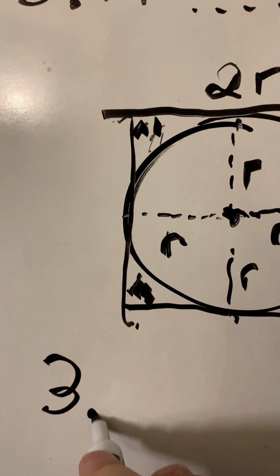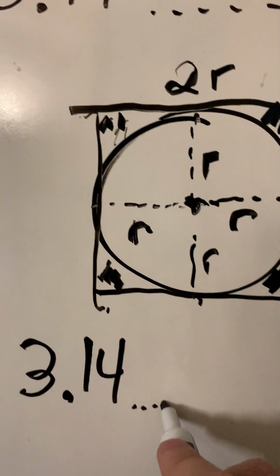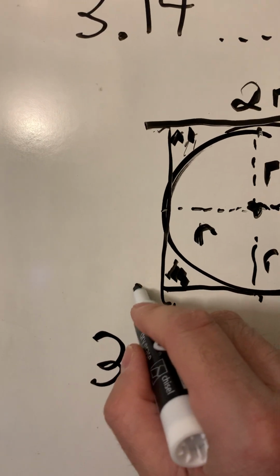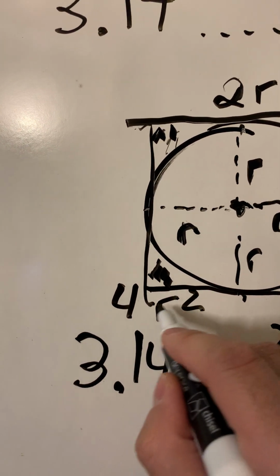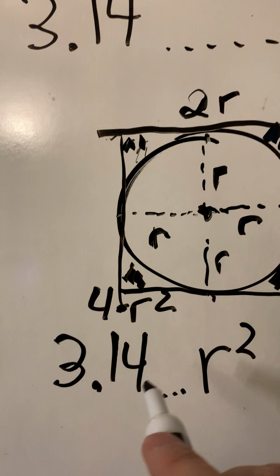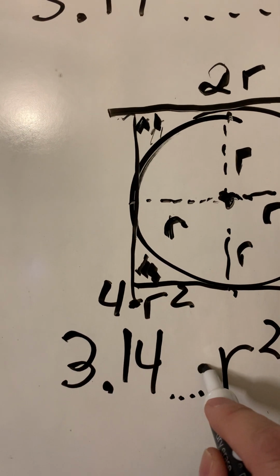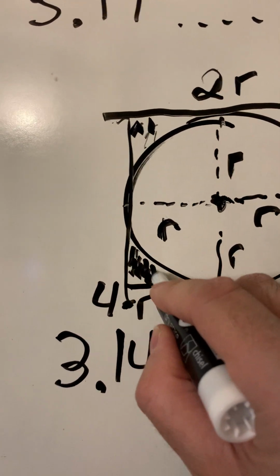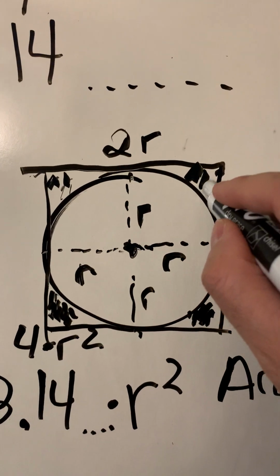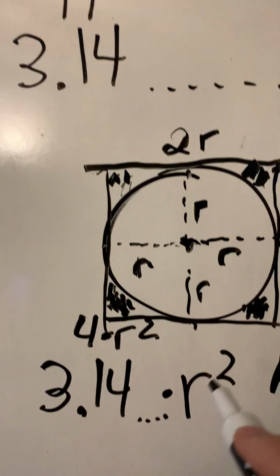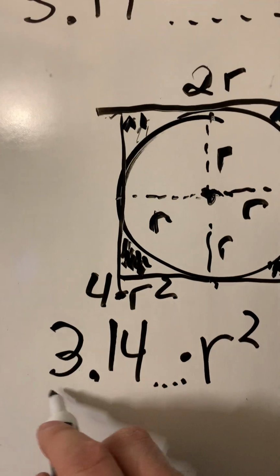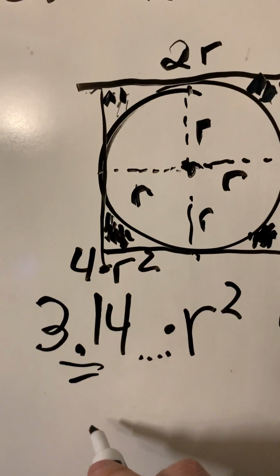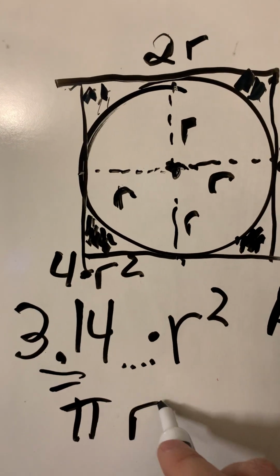It's 3.14 r squared. So instead of 4 times r squared, it's only 3.14 times r squared, slightly less, because these areas here are not part of the circle. And this value is called pi. It's called pi r squared.